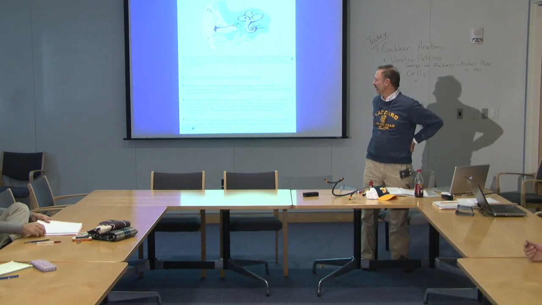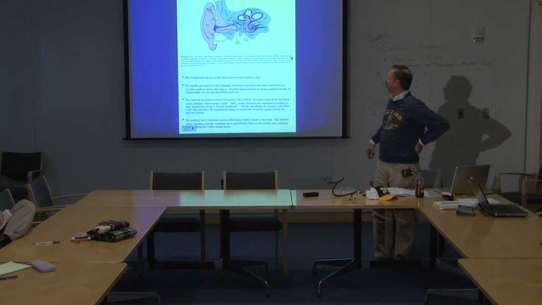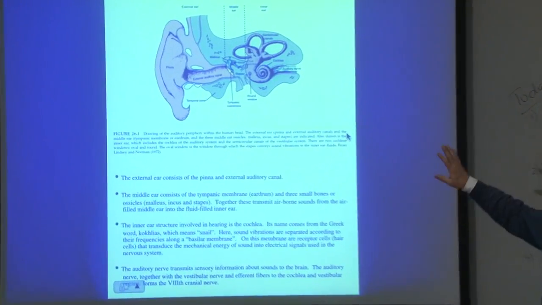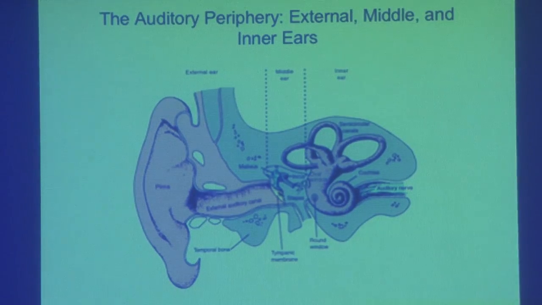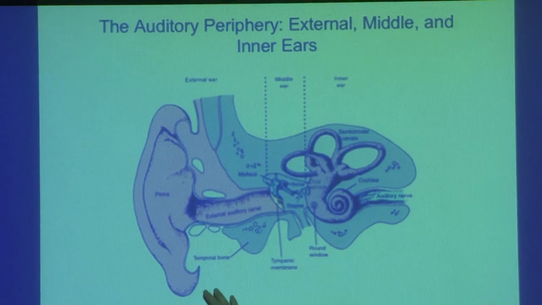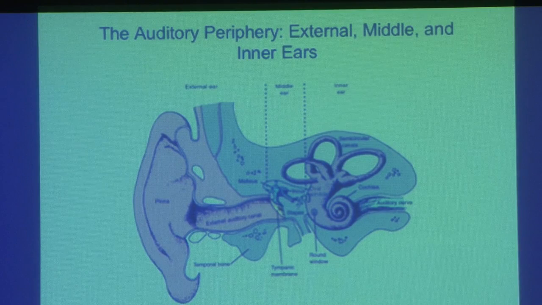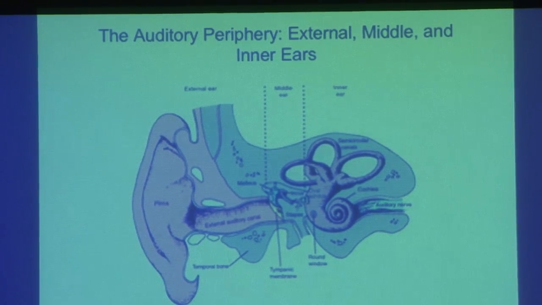Maybe I should go over real quickly what we did on Monday. We covered the various parts of the auditory periphery: the external, middle, and inner ears. And we had a paper on the function of the external ear and how it can help you localize sounds when you distort it by using clay molds that you can put in subjects' pinnae.